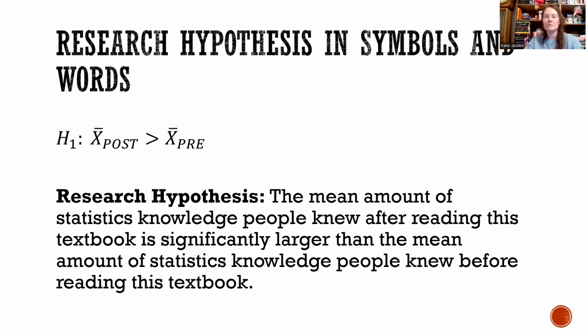So if we want to write that out into words, we would write research hypothesis: the mean amount of statistics knowledge people know after reading this textbook is significantly larger than the mean amount of statistics knowledge people knew before reading the textbook. So like we said a couple slides ago, if you can write your hypotheses directionally, that's more advantageous for you. And we'll learn a little bit more about why it's more advantageous a little bit later.